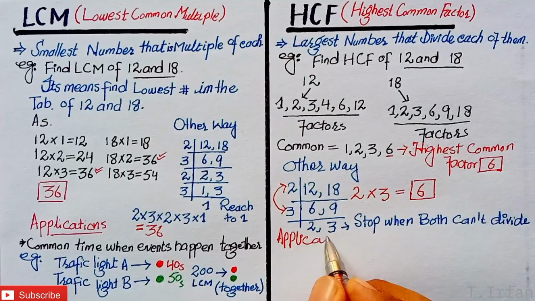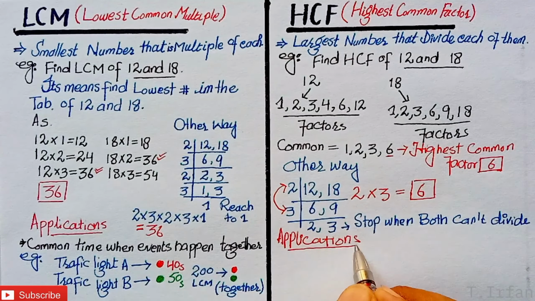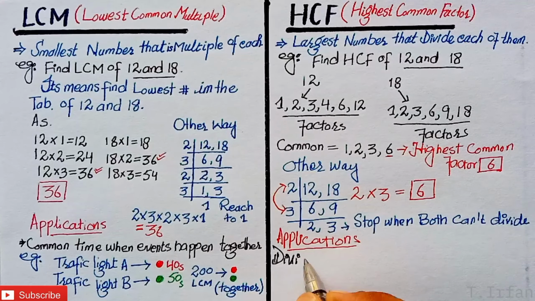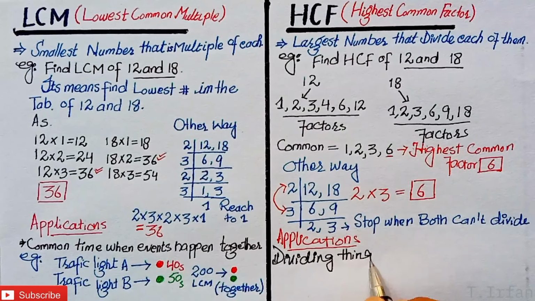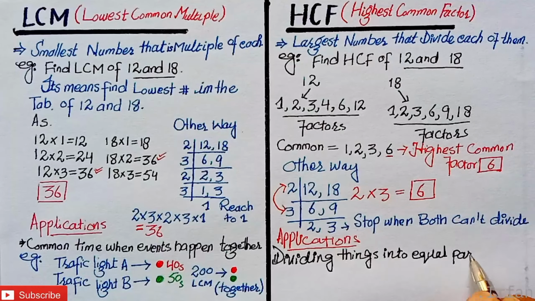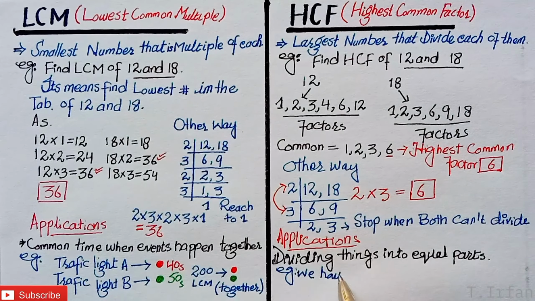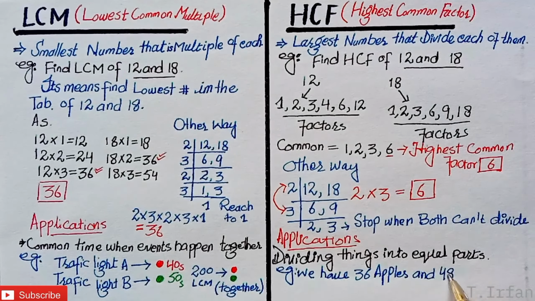Let us now discuss the significance or applications of HCF. HCF divides things fairly into equal parts. For example, we have 36 apples and 48 oranges, and want to put them equally in baskets without mixing.